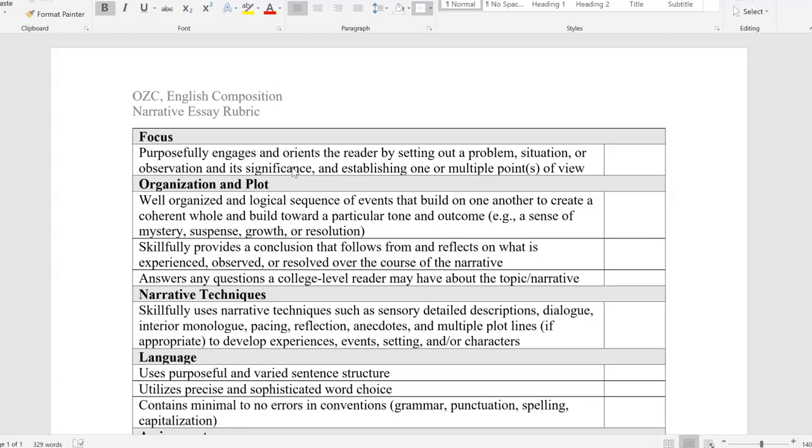And so any effort for that, that it gets the audience's attention, that it's interesting, that it's clear to the reader what's happening here, that's going to get your full credit. So obviously these are based on assignments, right, and specific prompts. And so it'll become pretty clear quickly what the issue is, right? So that's the focus. The whole essay is focused.